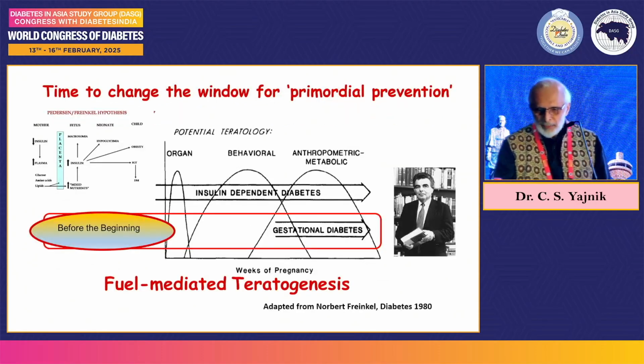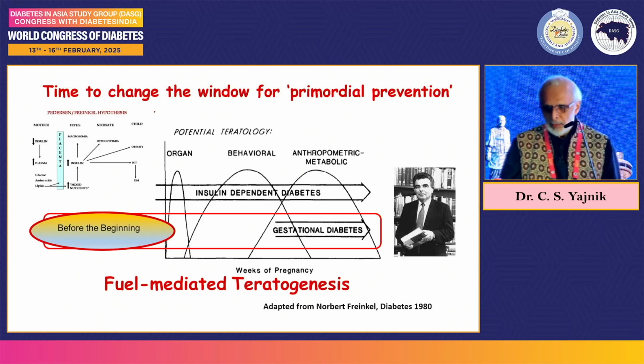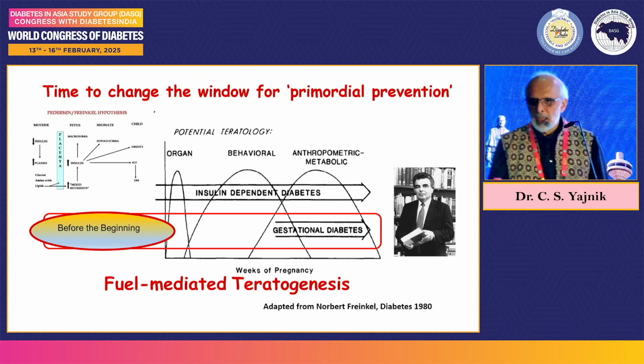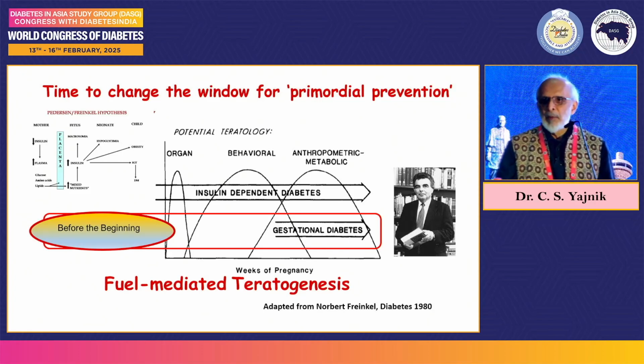So what I would say is that I would redraw Norbert Freinkel's figure of gestational diabetes, which started in the middle of pregnancy, to extend to before pregnancy. Let people tell you about early diabetes or early gestational diabetes, and you will hear Dr. Mohan in the afternoon. I will give him a big smile and show him this figure.